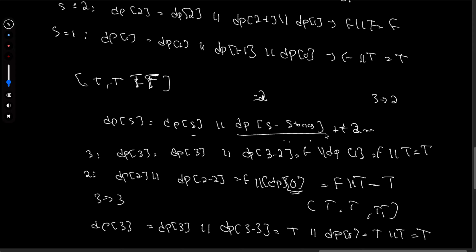So that is DP of s minus stone. Okay, always loop backward, so we avoid counting the same stone multiple times. So finally the largest sum less than or equal to target that is true, that is the best subset sum. Okay, that's all.